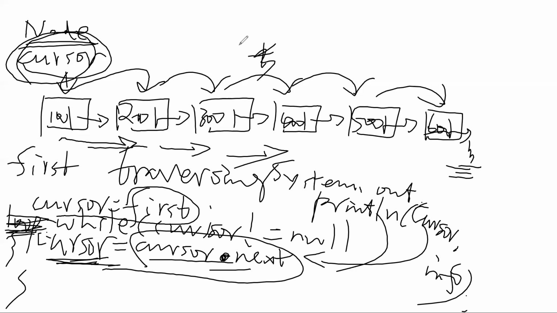Then you can keep moving your cursor until your cursor is at null, then you stop. This kind of concept, we call it traversing. Once we conceptually understand traversing, let's see how we insert.